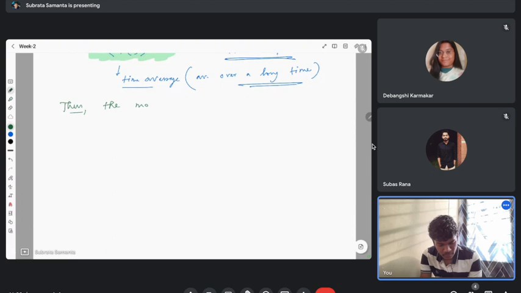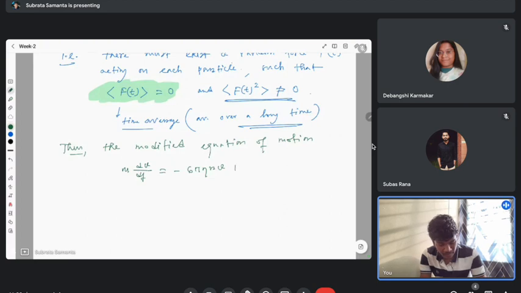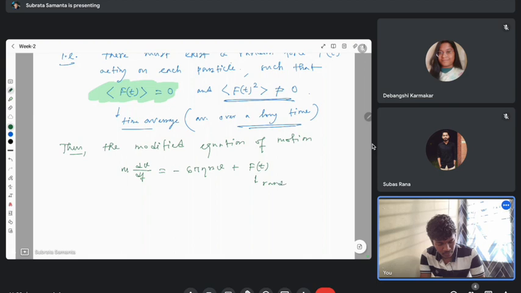The modified equation of motion is the derivative force minus 6πηrv plus f(t). So this is a random force. We just add a random force to this equation.